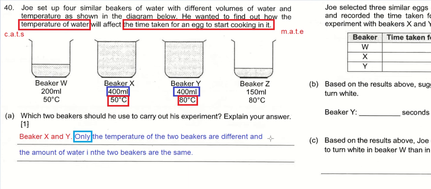These are also comparing, comparing what is different and what is the same. So this is your claim: beaker X and Y. Your evidence is the one that you've compared. And your reason is X and Y, so you don't have to write that because it's already in the claim.